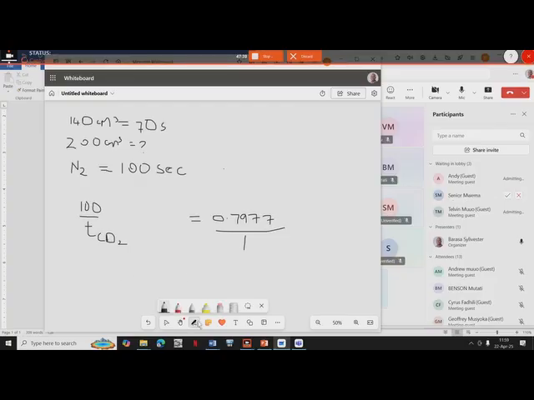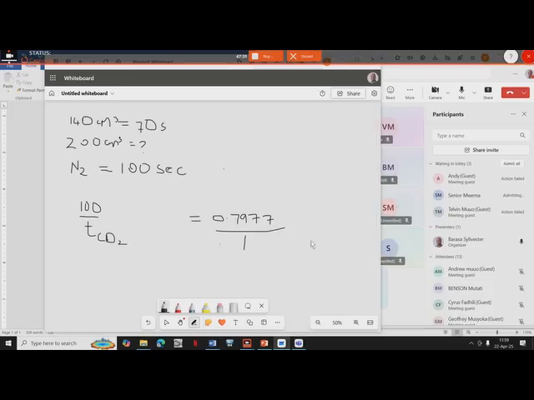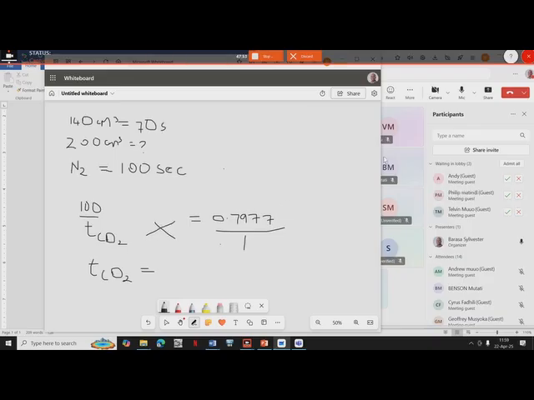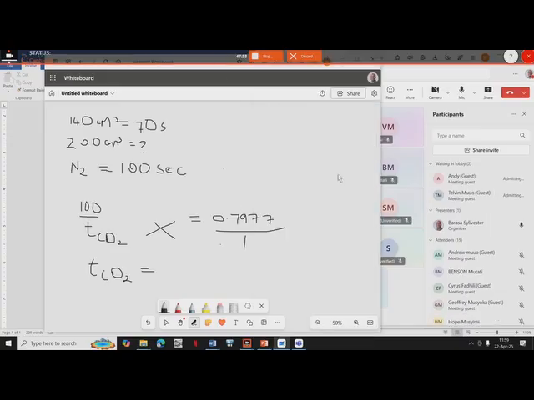Then you are going to take 100 divided by TCO2 is equal to 0.7977 divided by 1. So cross multiply. What do you get when you cross multiply? Cross multiplication will give us what? TCO2 will now be equal to, so cross multiply.